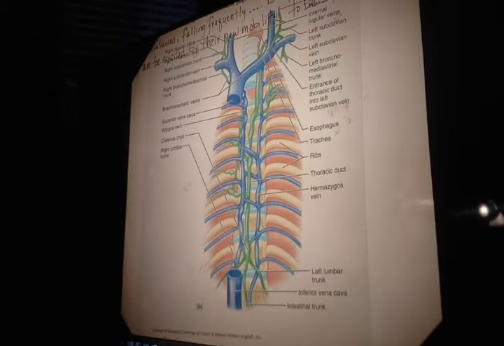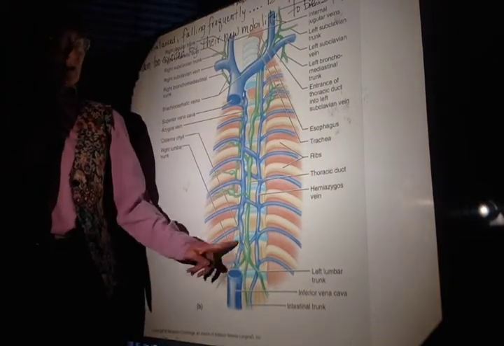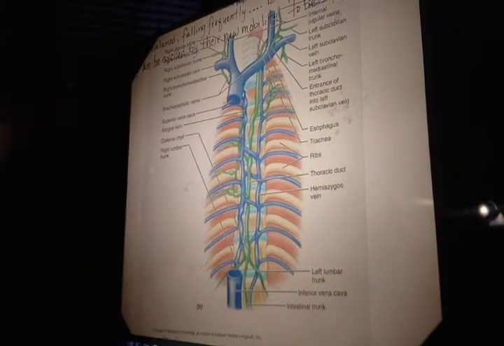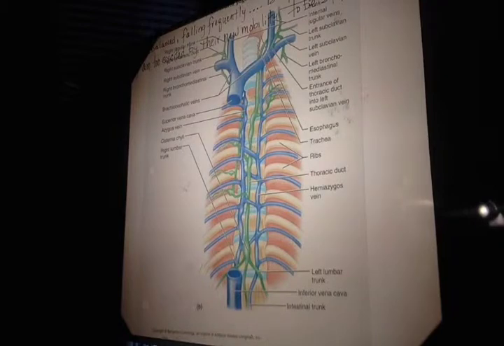Now, the very first portion of your thoracic duct here is a pooched out area called the cisterna chyli. The cisterna chyli. Remember when we talked about circulation last time, we said that all of the venous flow from the intestines and the guts went where?